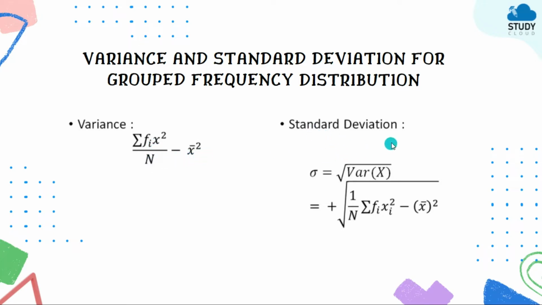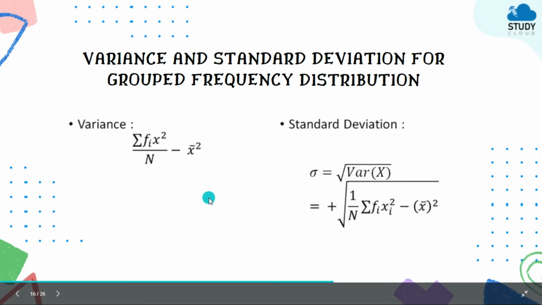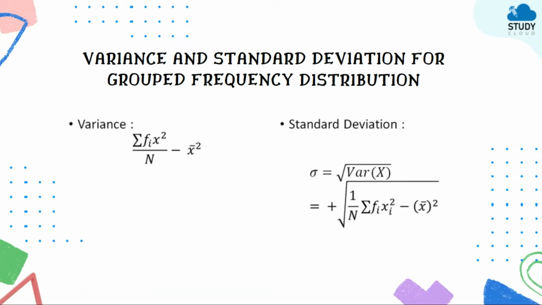For standard deviation, the formula is again simple, that is under root variance of x. Or you can use one more formula here: under root 1 upon n summation f x square minus x bar square. In this way you can calculate variance and standard deviation for grouped frequency distribution. Now let's see one example.